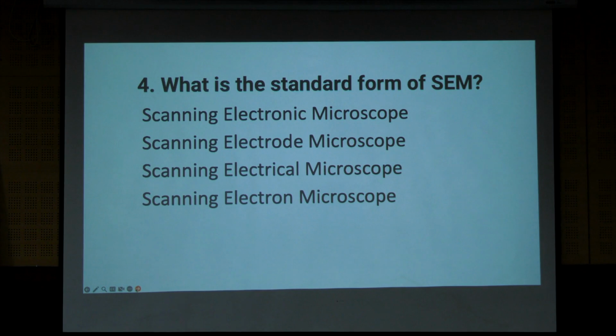Because in SEM, electrons are used. So you should remember this keyword. Yesterday the professor might have taught you about this: electrons are used, they strike the sample, and then it is detected by the detector, and you can see the image. So the answer is scanning electron microscopy.